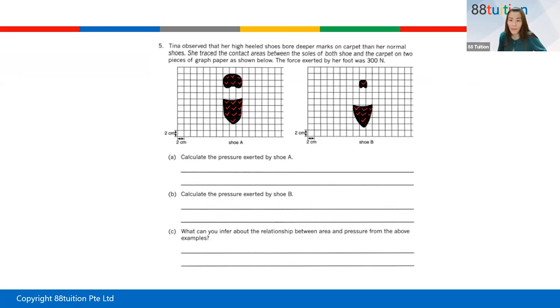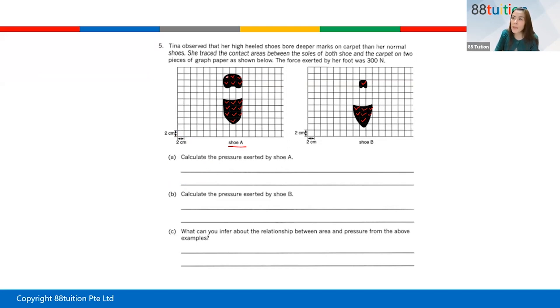So Kiran, you have done this, right? You tell me what's the next thing we need to do. Look at part A. Try to recall from your own memory. Okay, pressure exerted by shoe A. Find the area of 1 square, multiplied by the number of squares that you have marked on. Those I have ticked, right?